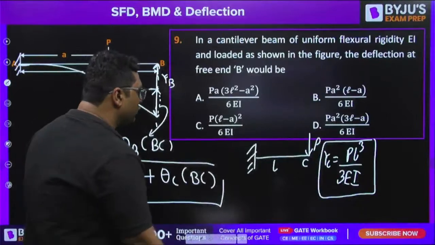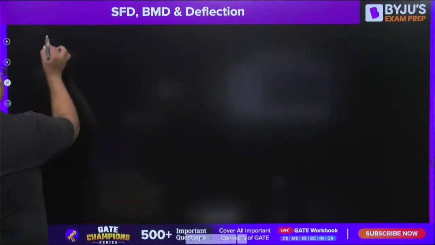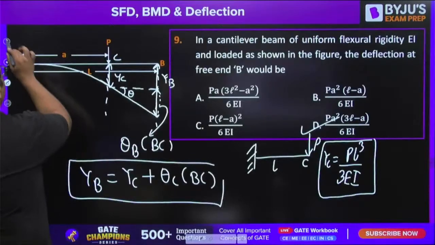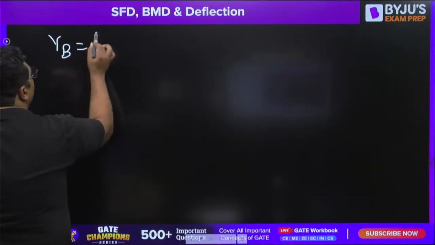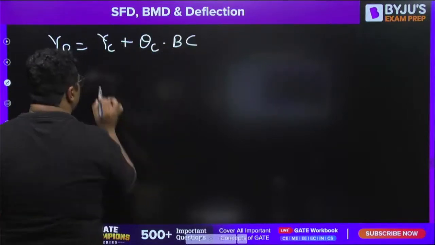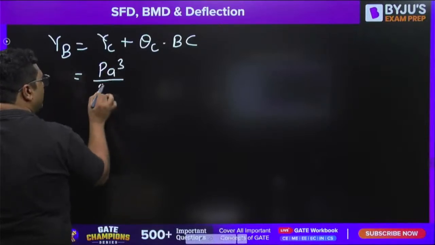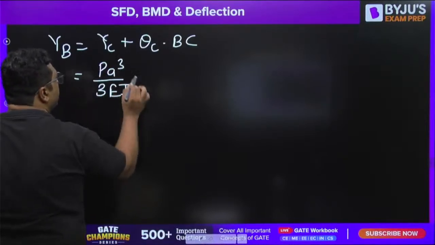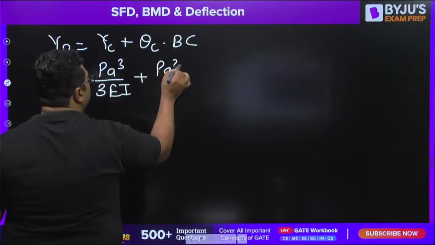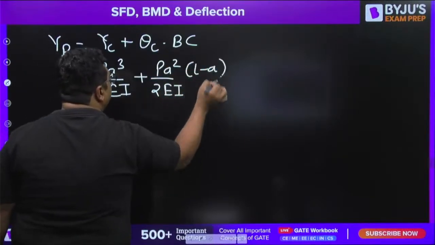And guys, the answer is also D. You know how to write it. Deflection you need to find out at B. It is deflection at C plus theta at C into BC. You know that Y at C is PA cube upon 3 EI plus PA square upon 2 EI into (L minus A).